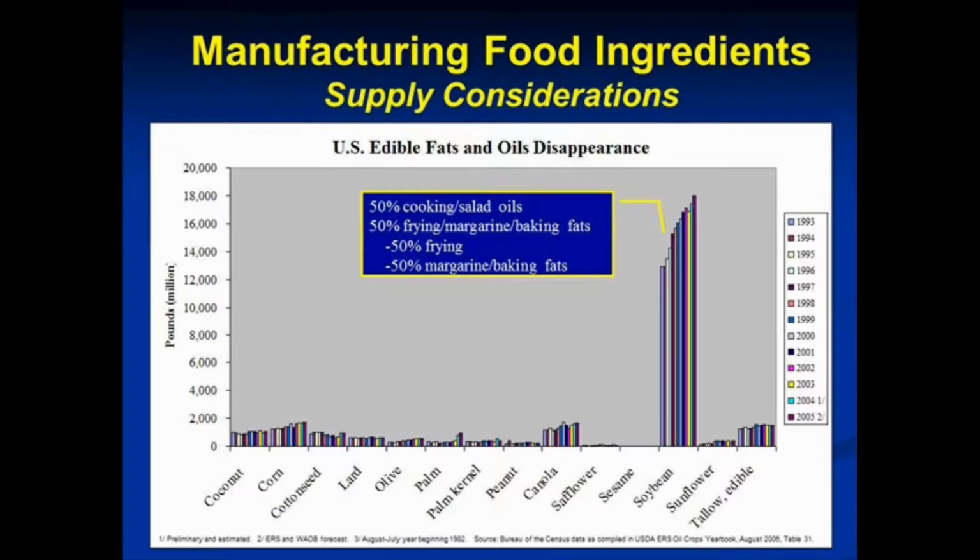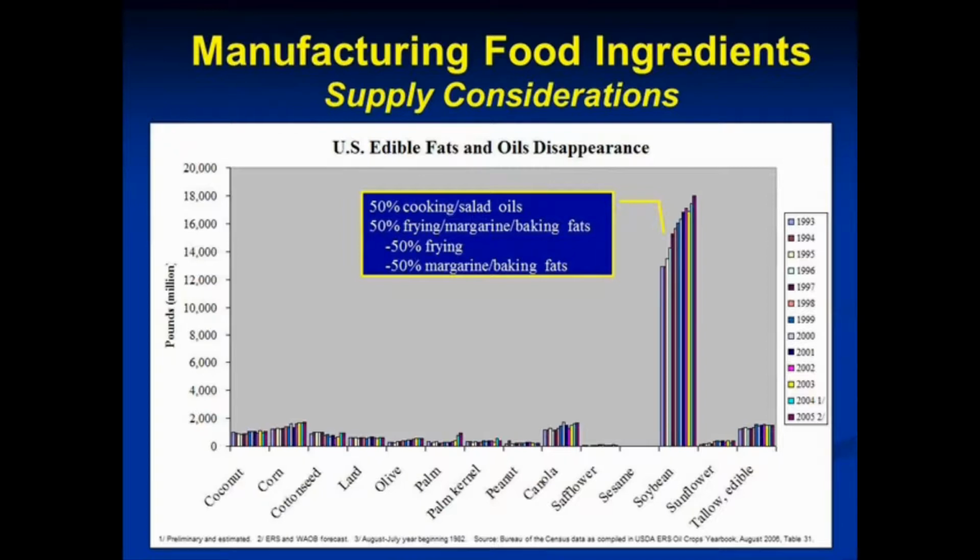About 15 to 18 billion pounds disappear from the food supply, and the other edible fats and oils are really dwarfed by the amount of soybean oil in the U.S. So soybean oil is obviously a very important oil and is readily available.